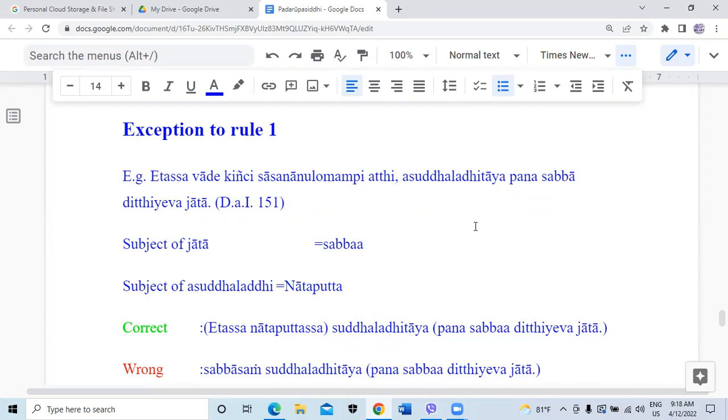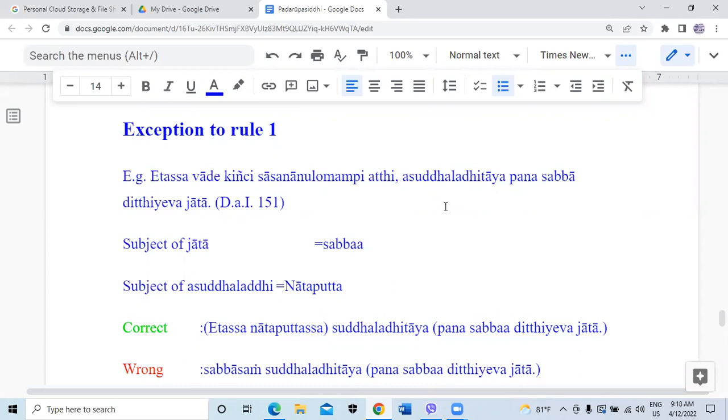Okay, so different, how to say, reference, different reference. Asura Lati refers to Nanda Buddha, Sabha Daiti refers to the round view. Okay, so a different reference.